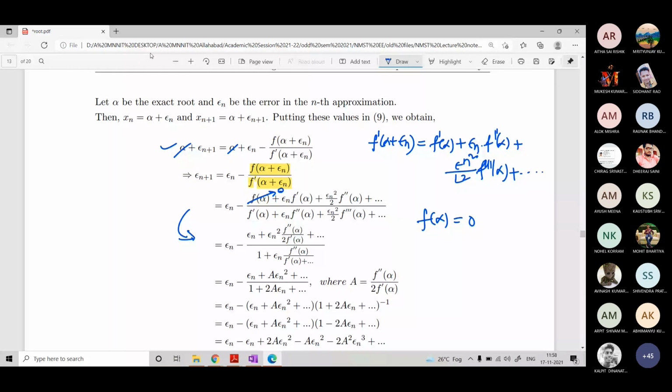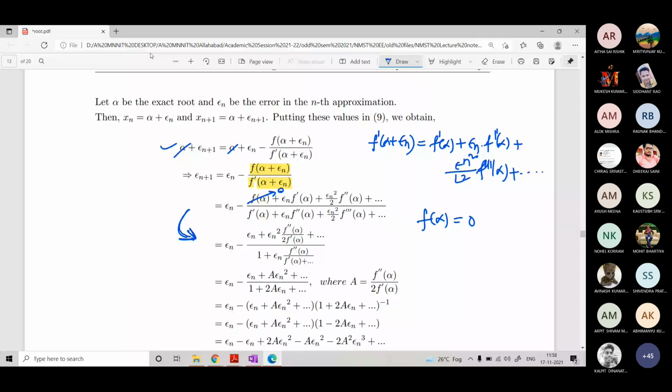Is this line to this line okay to you? From this line to this line, I am not doing anything else. Yes, sir.